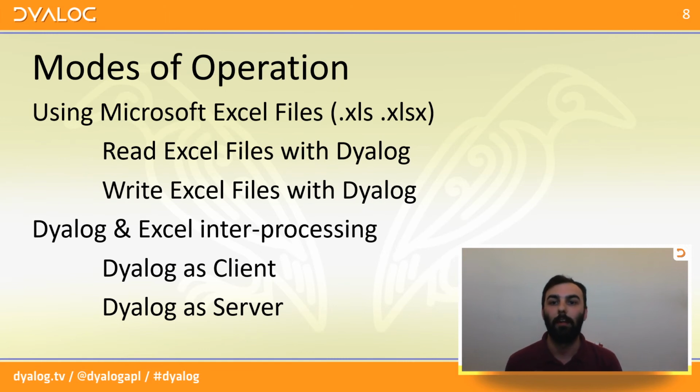However, the first part, reading files and writing to files using Dyalog, as of very recently, will work on Windows, macOS, and Linux. So the first part is cross-platform, so it doesn't matter if you have Excel installed where your Dyalog application is running. You can still handle Excel files, but I don't know if the interprocessing will work with Excel on macOS. I'll have to find out and put it in the description or comments later.